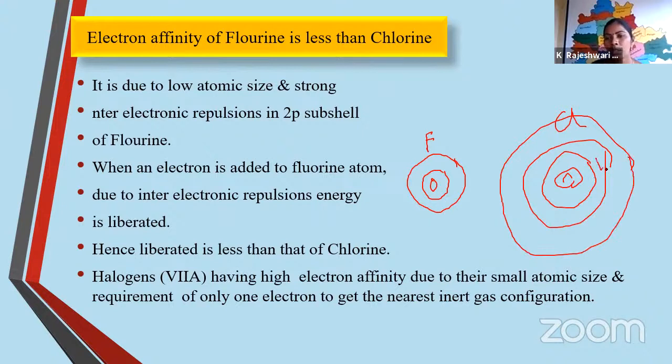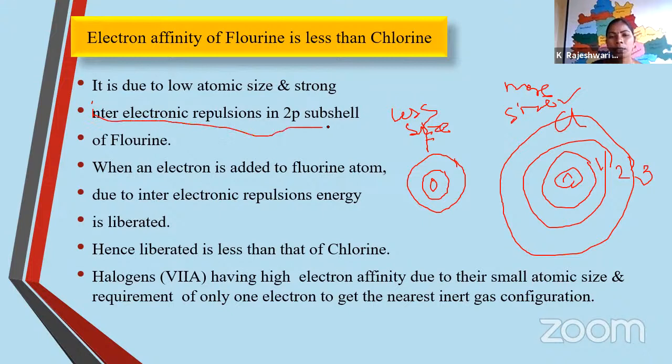Here the chlorine size is larger, and fluorine size is smaller. Because of its smaller size, inter-electronic repulsions are seen in fluorine.